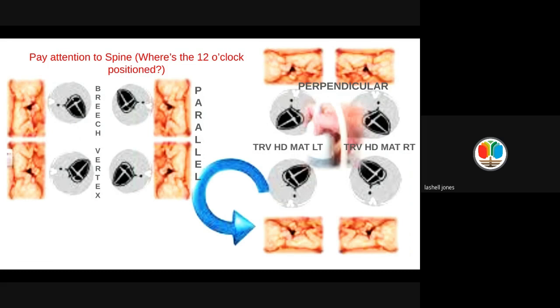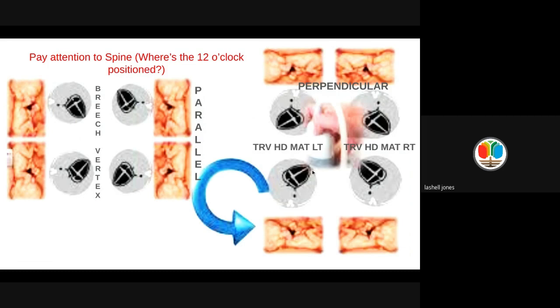Okay. All right. So let's just do a quick recap. So let's start with breech. Okay. So we have breech and transverse head maternal left. The heart apex positions are the same. Okay. And we can indeed see that. The hearts are positioned at 7 o'clock.